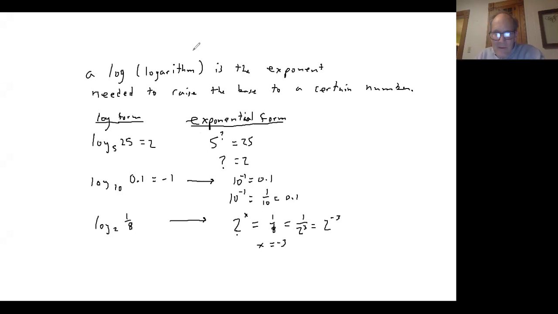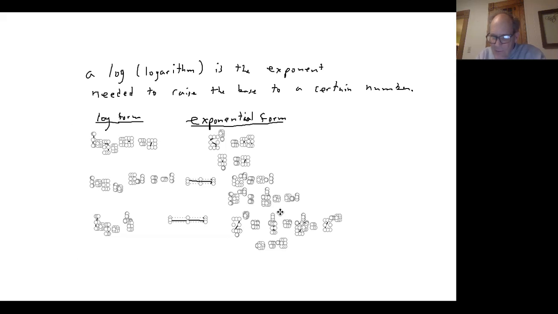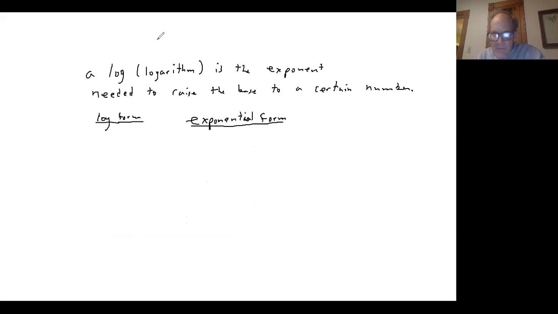Now, we can use this idea of interchanging the log form and the exponential form to solve problems. For instance, suppose I had this problem: log base 3 of x equals -2. What's x?